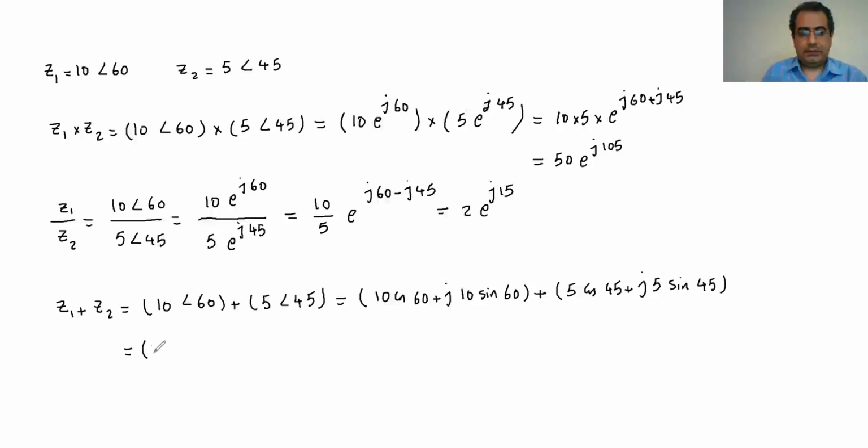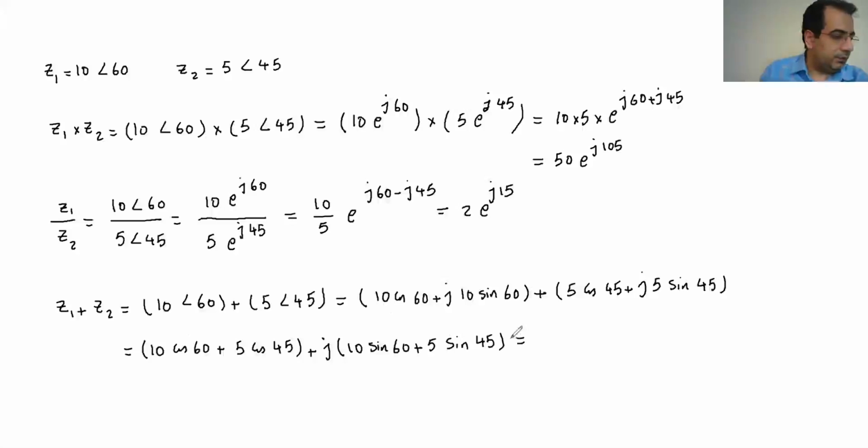So I can say that it's going to be 10 cosine 60 plus 5 cosine 45. These are the real part. So 10 cosine 60 and 5 cosine 45 is the real part plus j, and then the imaginary part is going to be 10 sine 60 plus 5 sine 45. And then I can do the calculation.